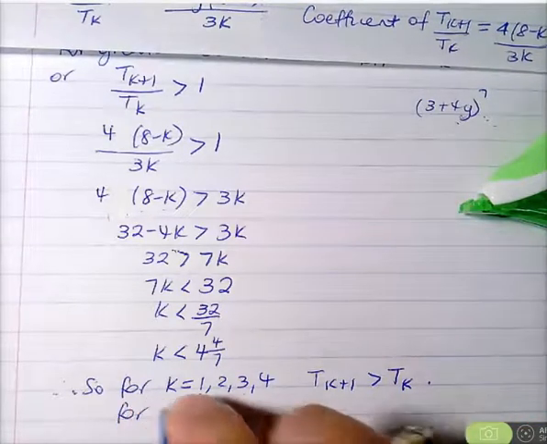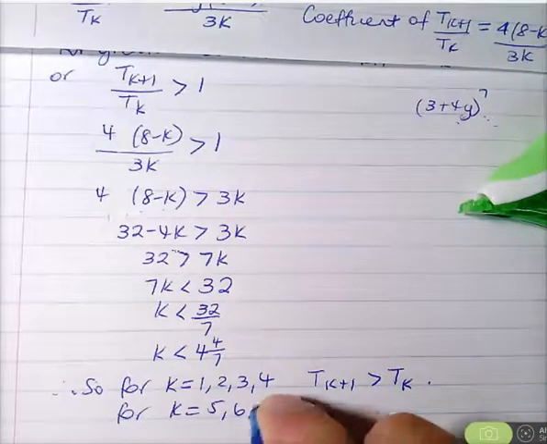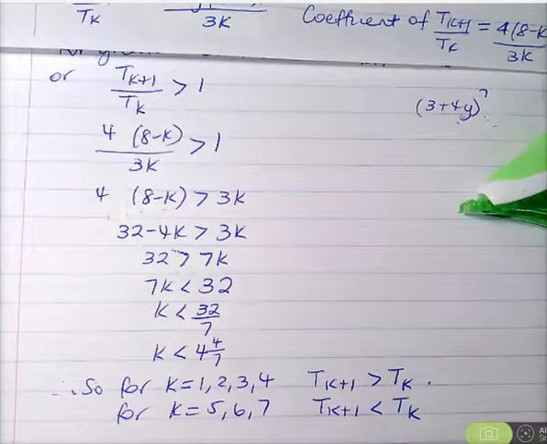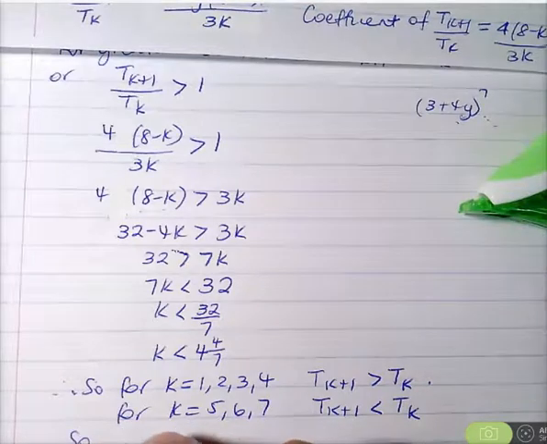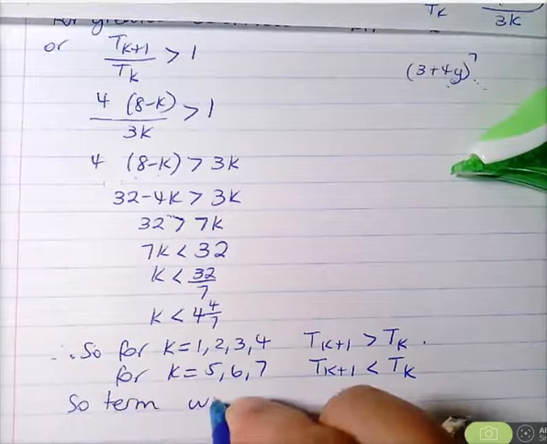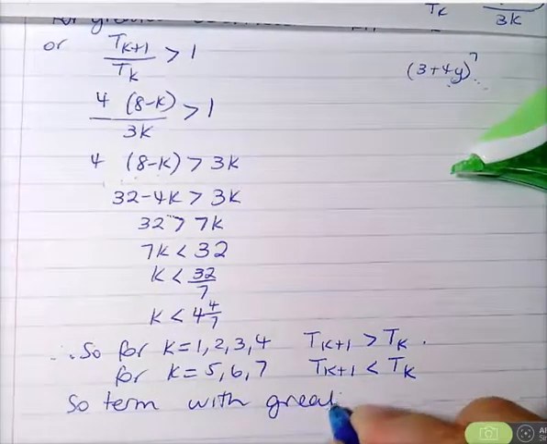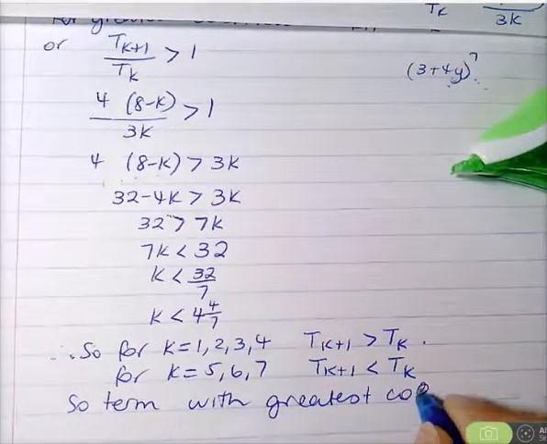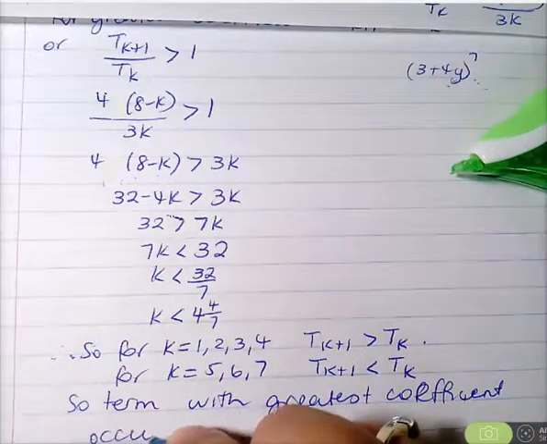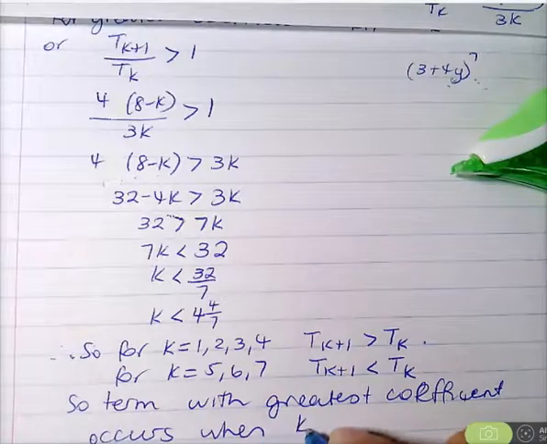And for k is 5, 6, 7, t to the k plus 1 will be less than t to the k. So the term with the greatest coefficient occurs when k is 4.